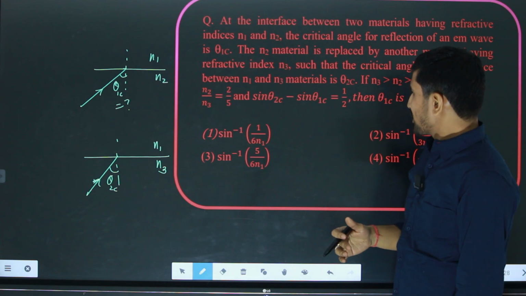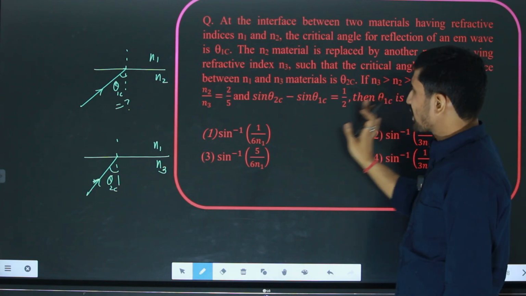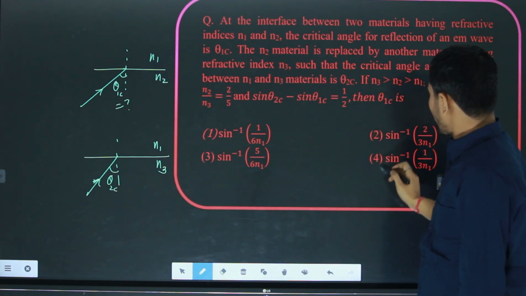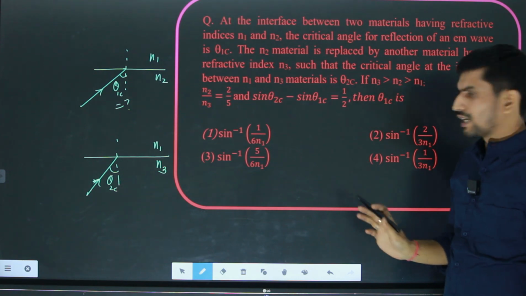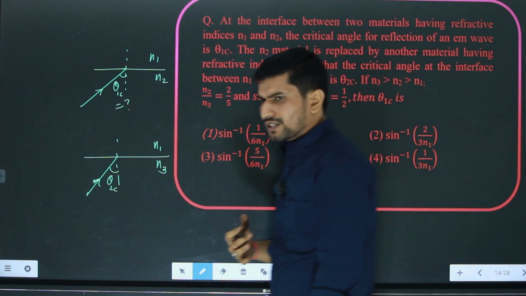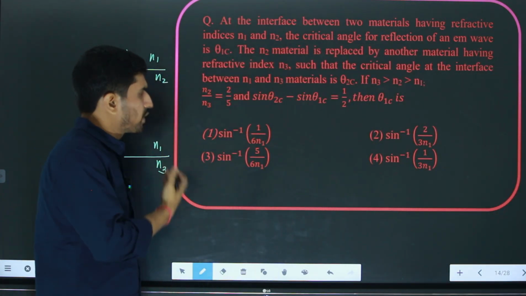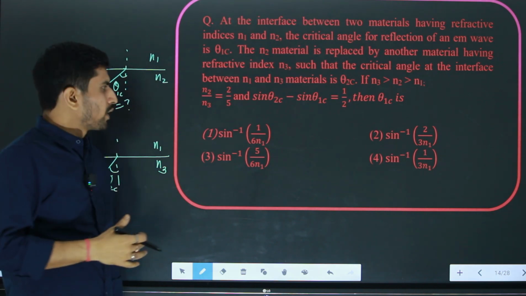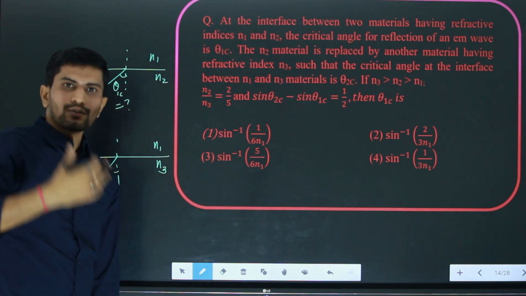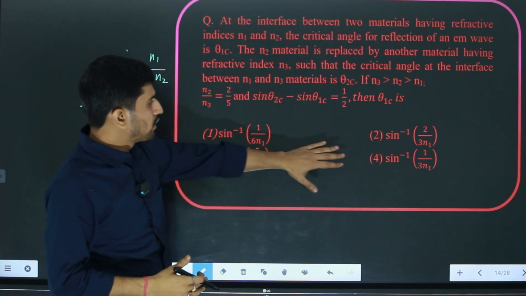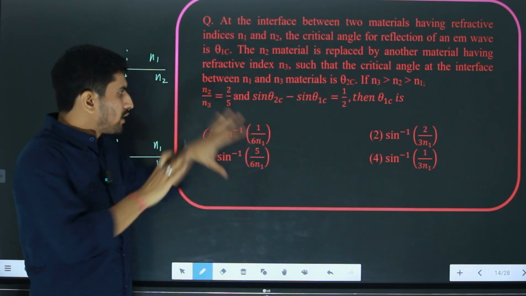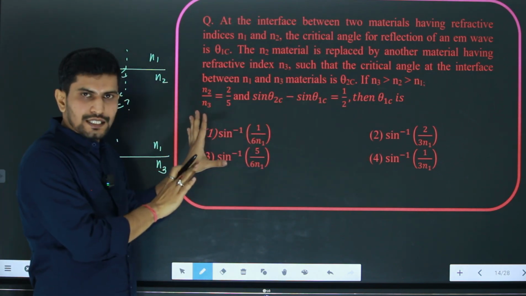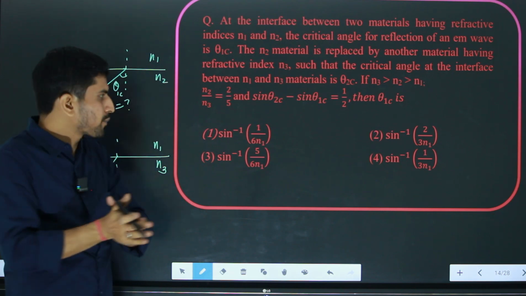Why? You see, some data are given, and according to NTA, option 4 should be the correct answer, but many coaching centers have solved this particular problem and got a different answer, and their assertion is that since the calculated answer is different from the options given, therefore this question is incorrect, their solution is correct.